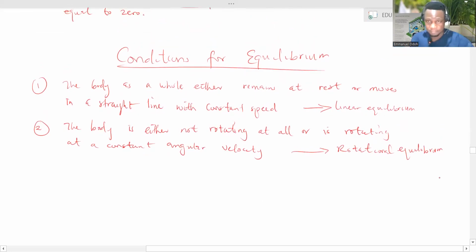So the first one, which is linear equilibrium, tells us that the body must either be at rest, and if it is not at rest, it is moving with a constant speed, meaning the acceleration is zero, in a straight line.